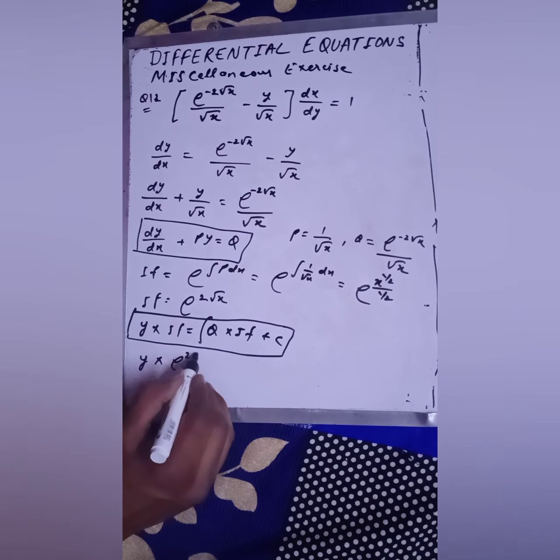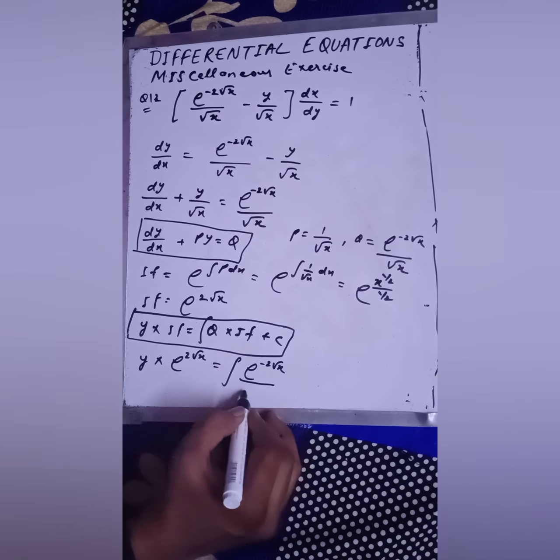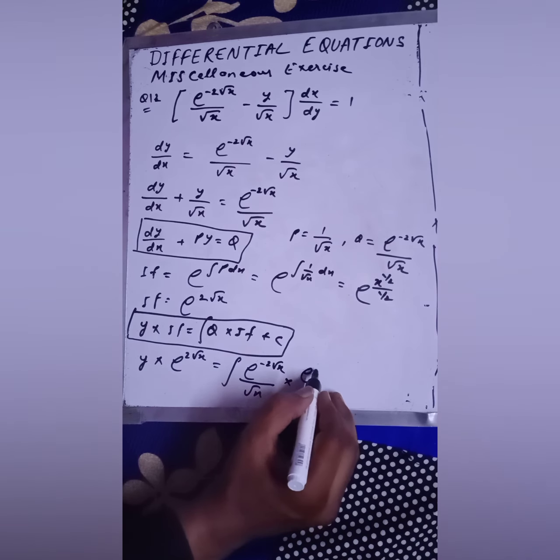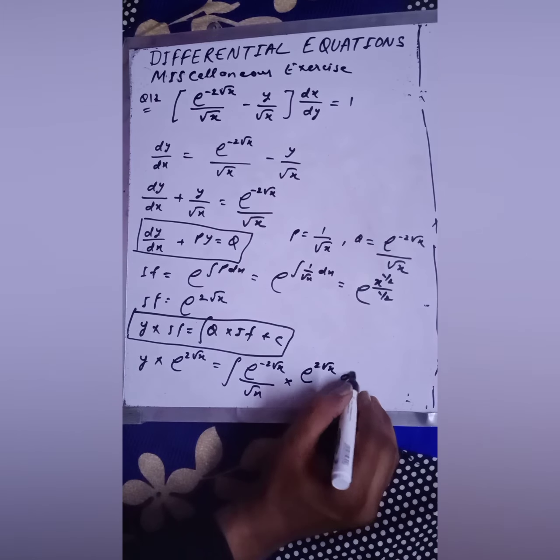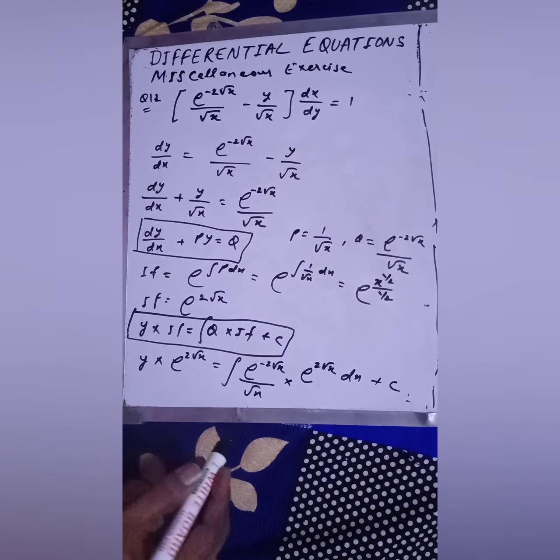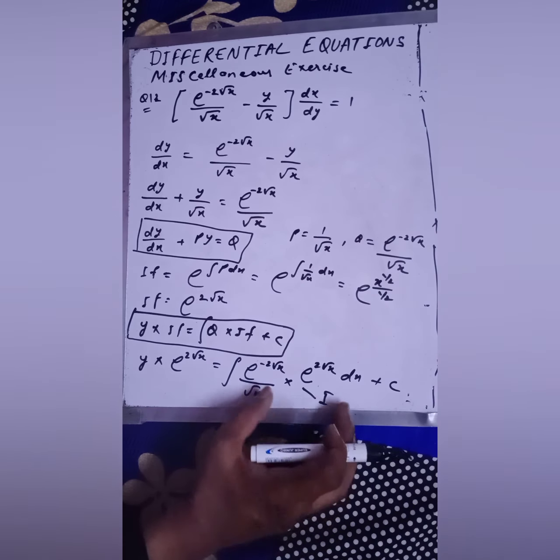Your q is e raised to power minus 2 root x over root x into your IF, e raised to power 2 root x, into dx plus c. Okay, so I am assuming that this whole is equal to I.